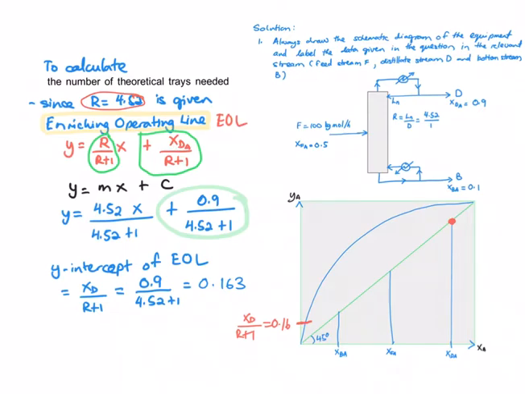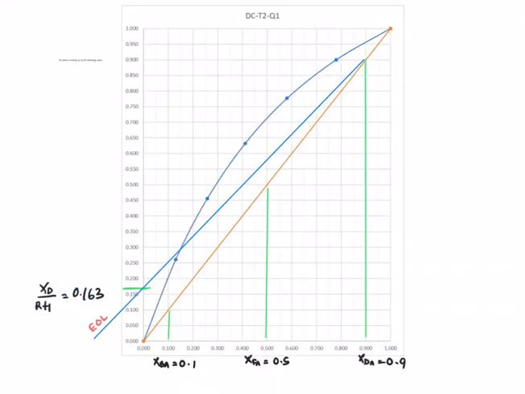To proceed, to draw the EOL, you just draw a straight line from here, from xD, to the y-intercept here. That is how you draw your EOL, the enriching operating line.